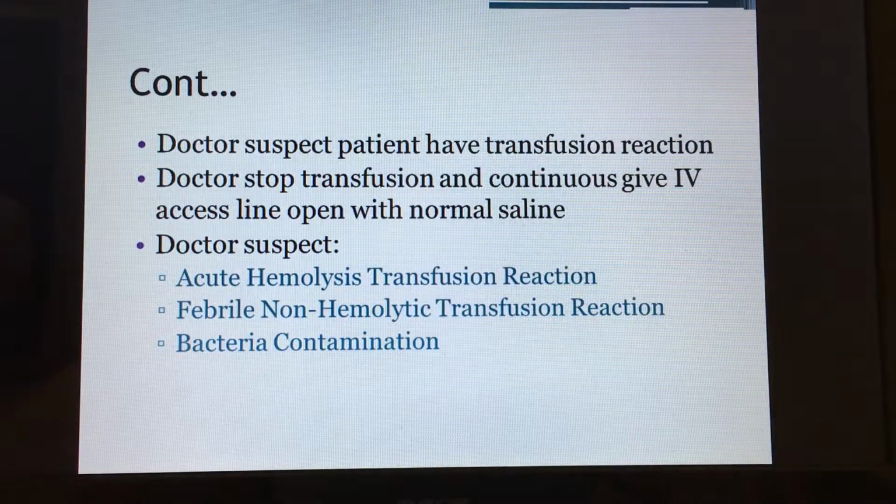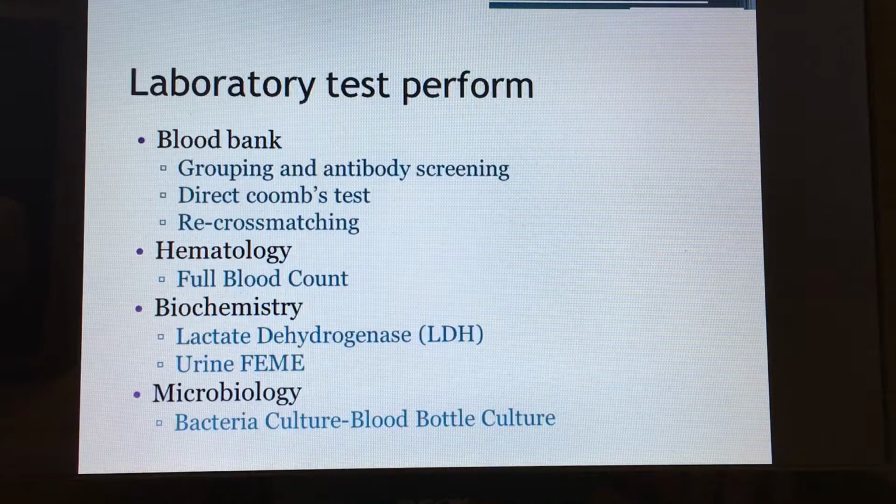The doctor suspected a transfusion reaction, so the doctor stopped the transfusion and kept the IV access line open with normal saline. The doctor suspected acute hemolytic transfusion reaction, febrile non-hemolytic transfusion reaction, or bacterial contamination, but could not identify which type of transfusion reaction the patient had.